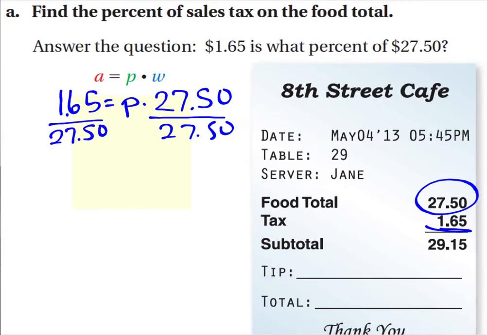It's $1.65 out of $27.50 to figure out our percentage there. That comes out 0.06. Move the decimal, and this is 6% tax, not 60. Let me fix that. 6% sales tax.